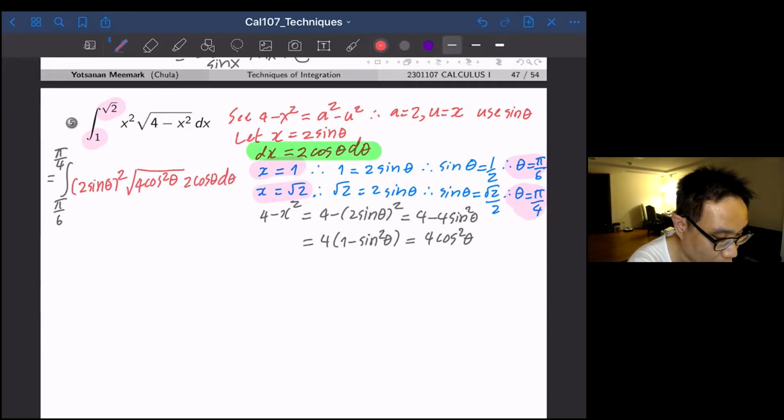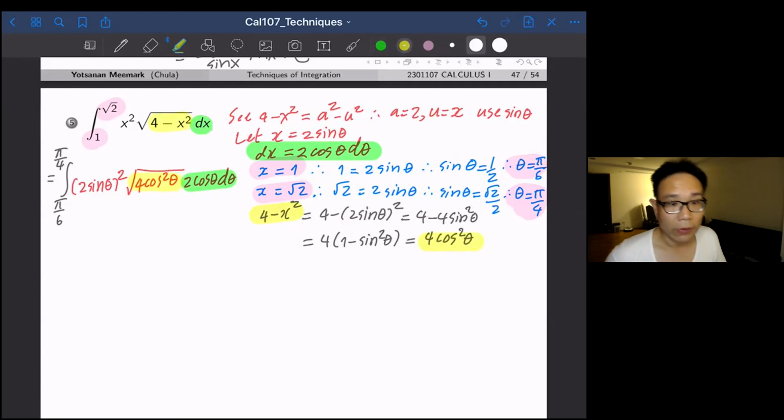So for dx, x equals 2 sine theta, and 4 minus x squared turns out to be 4 cosine squared. This is the trig sub.